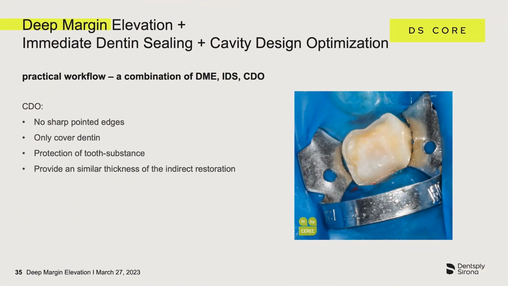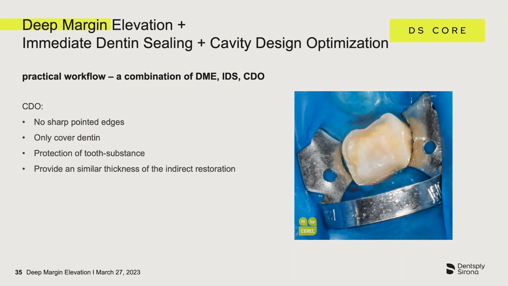After the final step of cavity design optimization by applying the composite to the entire dentin surface, finish the preparation. It is important not to leave any sharp corners or edges inside the cavity. It is also important that only dentin has been covered by the composite.